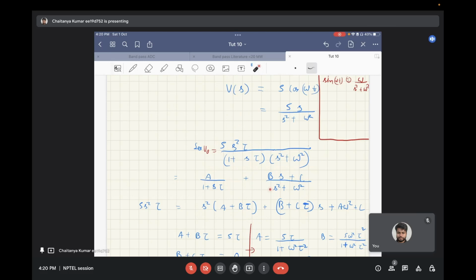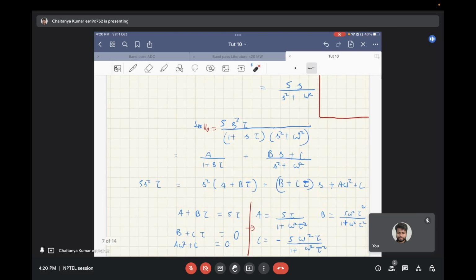What I've done is just recombined it as some N of S upon 1 plus s tau into s square plus omega square, and this N of S comes out to be what is written in the RHS. So equating the coefficients of the powers of S, you get these three equations: A plus B tau is equal to 5 tau, B plus C tau is equal to 0, and A omega square plus C is equal to 0.